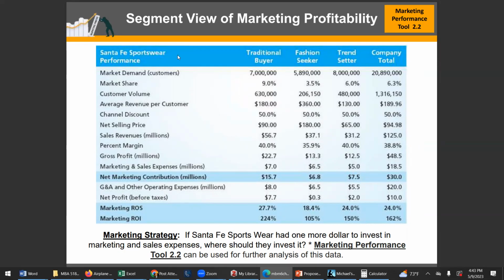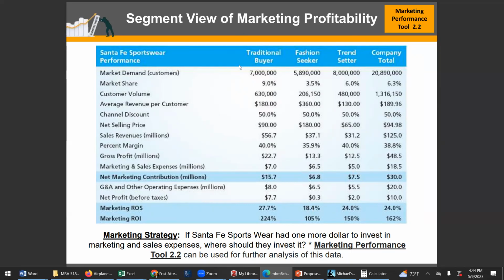So maybe Santa Fe has a product line that is your flashier kinds of clothes. Let's say if you're into golfing, a traditional buyer might buy tan or brown. Maybe the fashion seeker buys red or pink. I don't know. And then the trendsetter might buy plaid or paisley. I know paisley's a little bit dated, but you sort of get the idea.